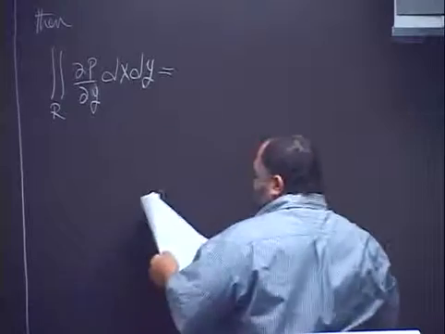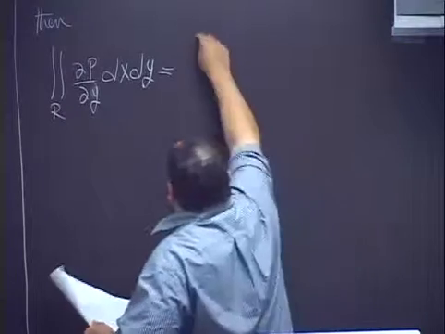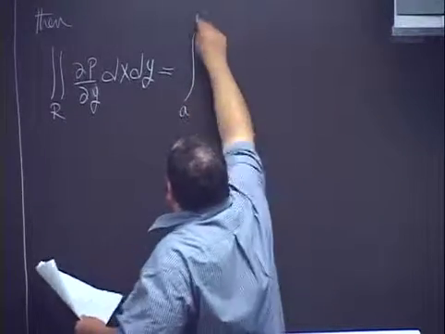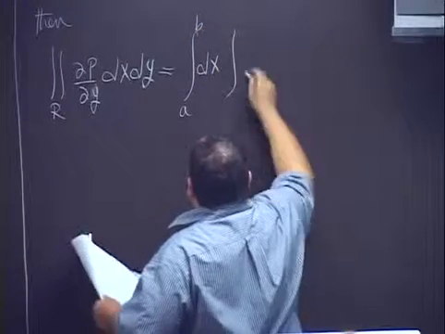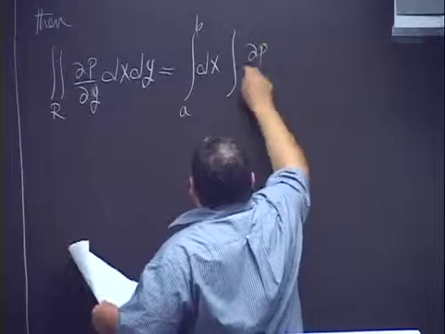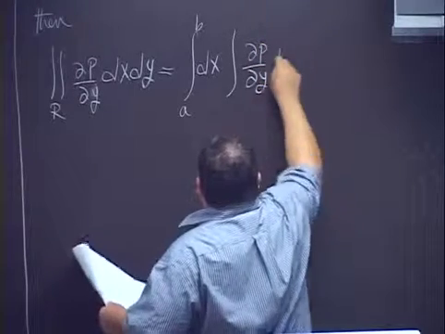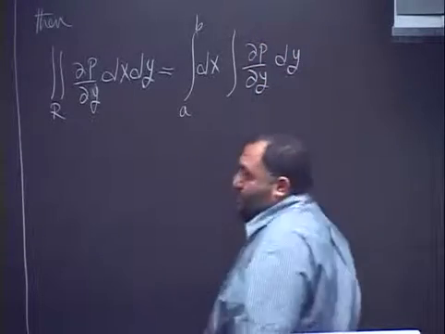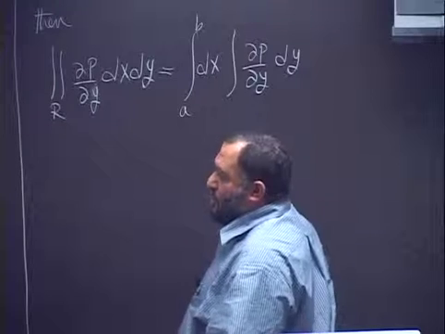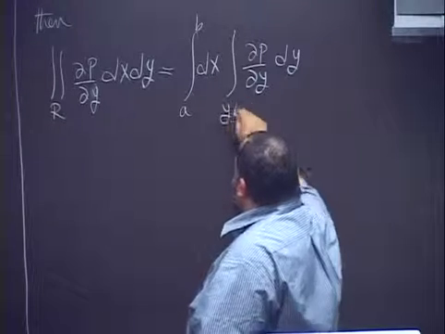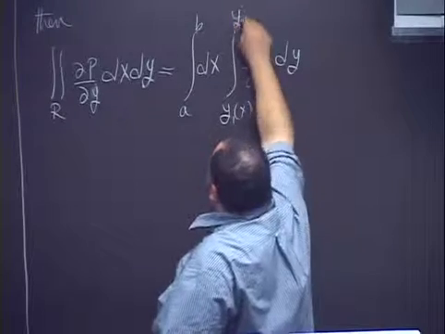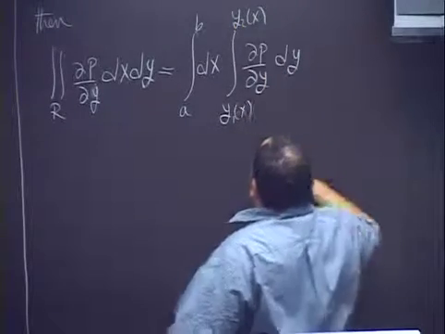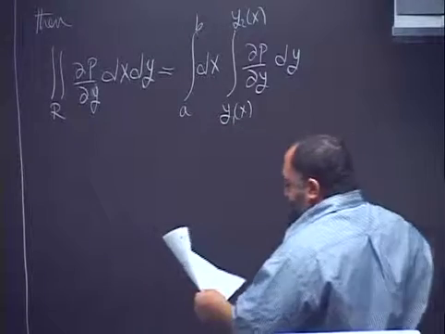I can write it as, you will go from a to b for dx, and then you will integrate dp by dy over dy. So y will go from lower y, which is y1 of x, to upper y, which is y2 of x.